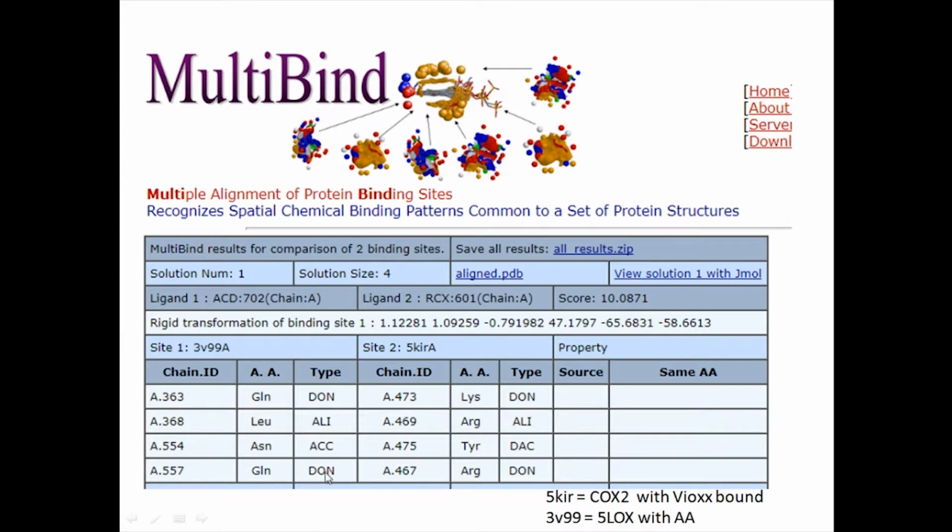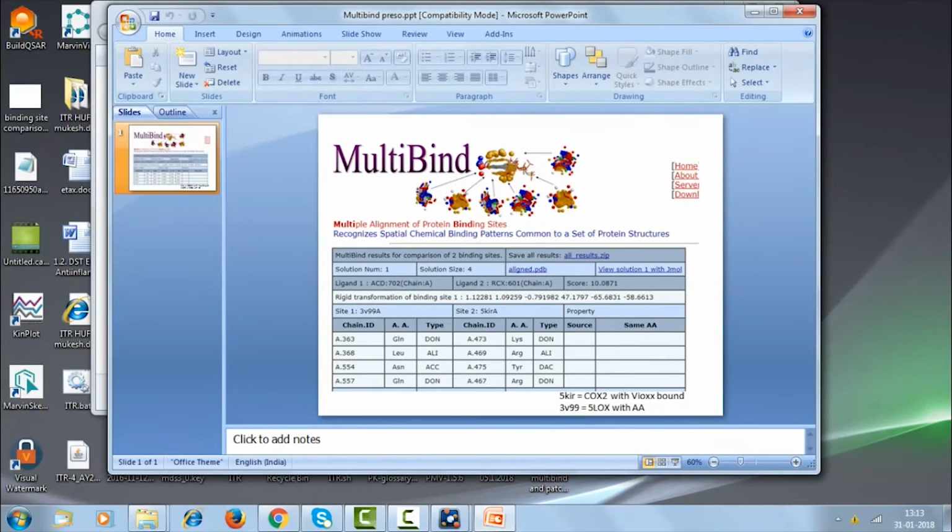It gives you a score of 10.0, which is low. The higher the score, the higher the similarity; the lower the score, the lower the similarity.